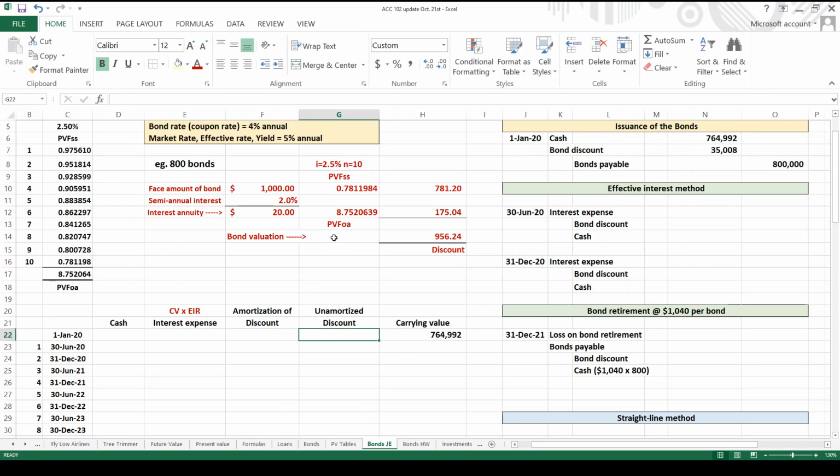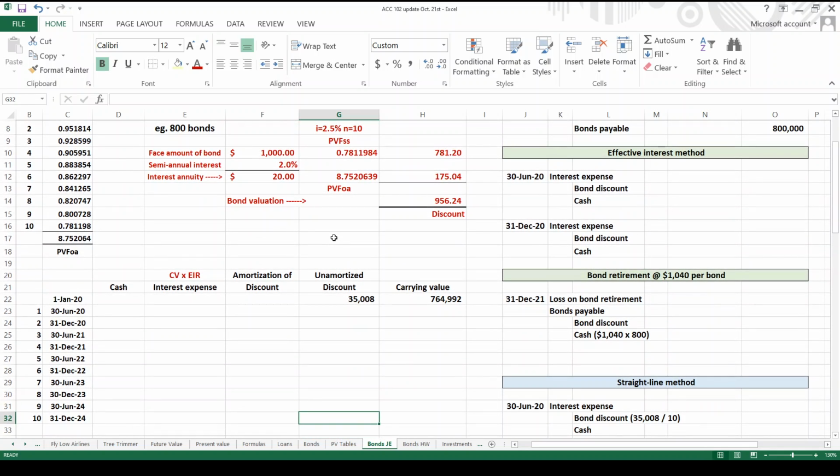Okay, the unamortized discount is the number that we just plugged into this journal entry, 35,008. Now what we want to happen over time is we want the unamortized discount to eventually go to 0, and we want the carrying value to eventually come up to $800,000.